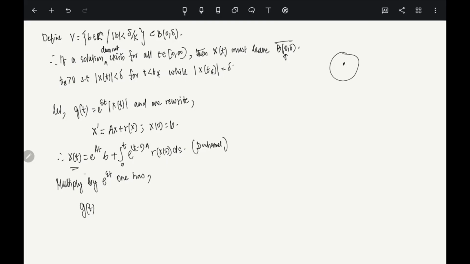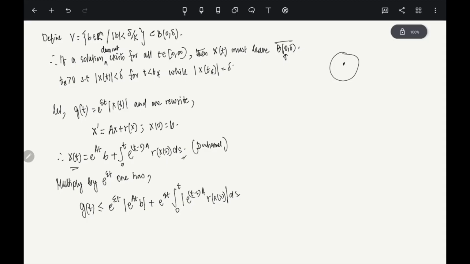You see, multiply and take the modulus, then take the norm. e power epsilon t, and then the norm of e power At times b, plus e power epsilon t times the integral from 0 to t of the norm of e power A(t minus s) r of x of s ds. That's what we are going to get, right? What I'm doing is just multiplying this expression by e power epsilon t and taking the modulus, or the norm.